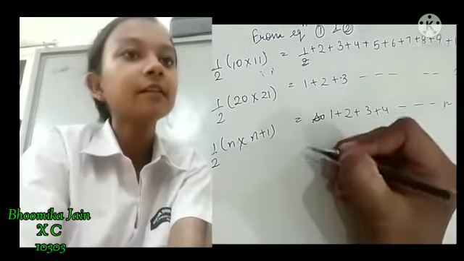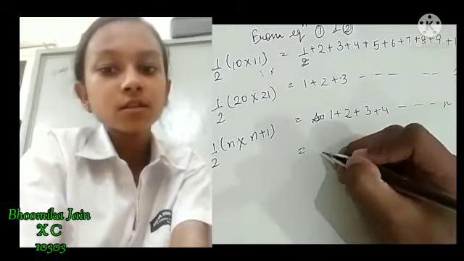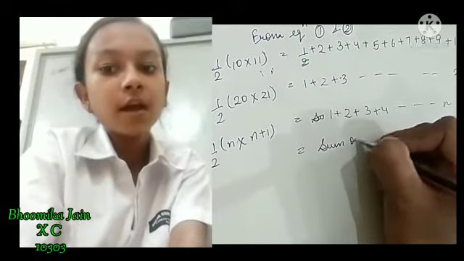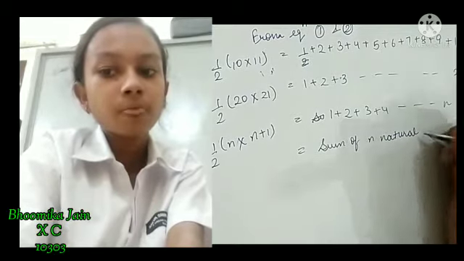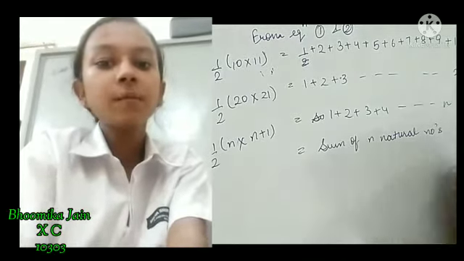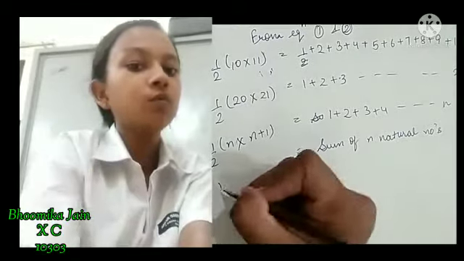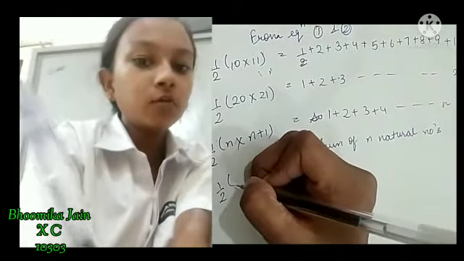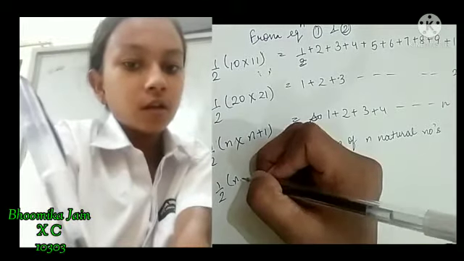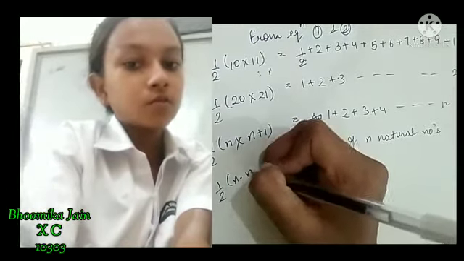So if we write it in definition form, the sum of n natural numbers will be equal to 1 by 2 into n into n plus 1.